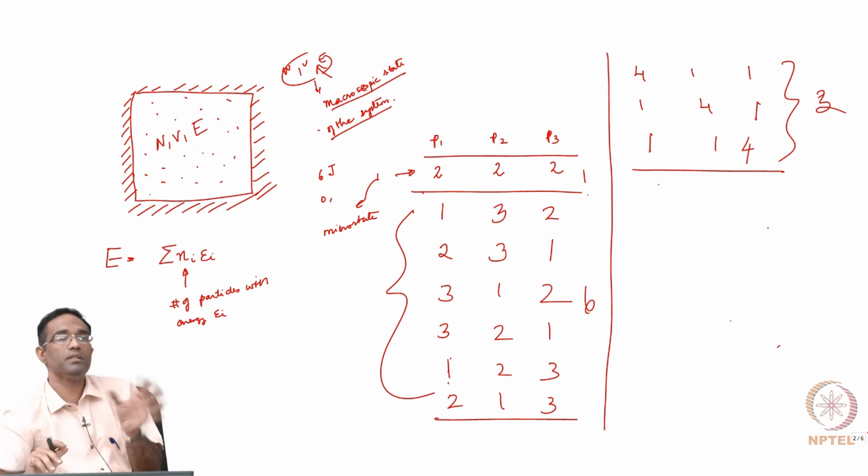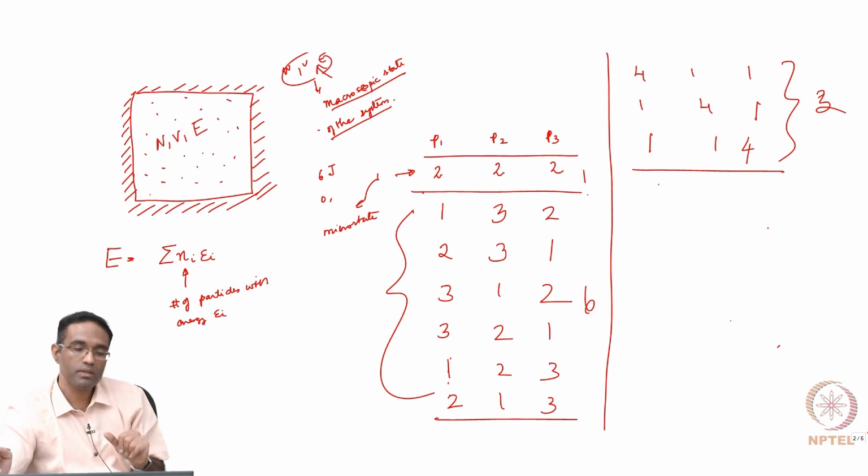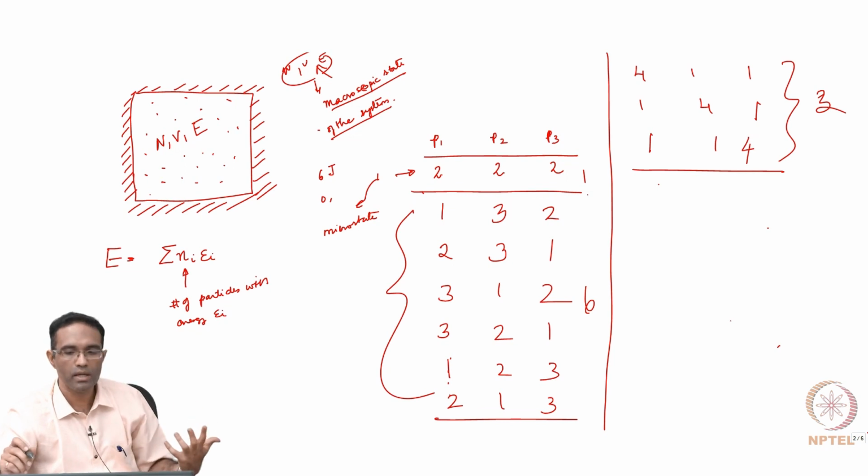So if this were a real system, the likelihood of you observing it at any given instant in this microstate is higher than the likelihood of you observing it in either this or this microstate, right?